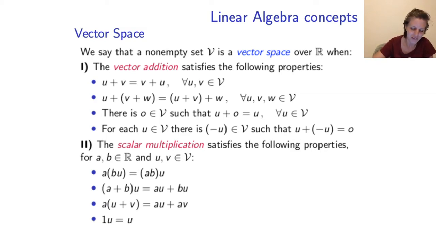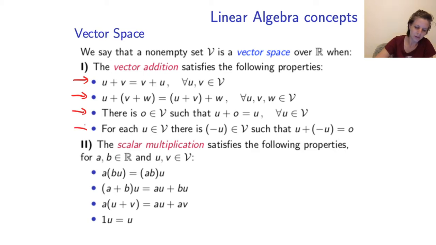The addition needs to be commutative, which means the order of the sum doesn't matter, and associative. There is also a neutral element, which means that any vector summed with this element has as a result the vector itself.